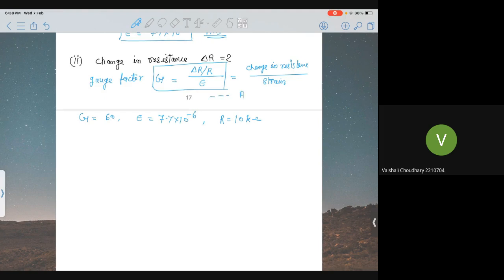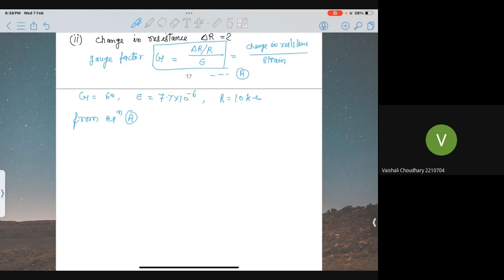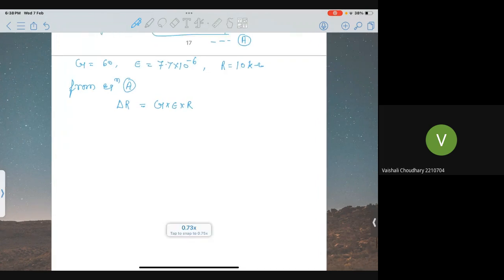So from equation A, delta R can be written as G times strain times the initial resistance. So delta R is G, which is 60, times strain 7.7 times 10 to the power minus 6, times 10 kilo ohms.